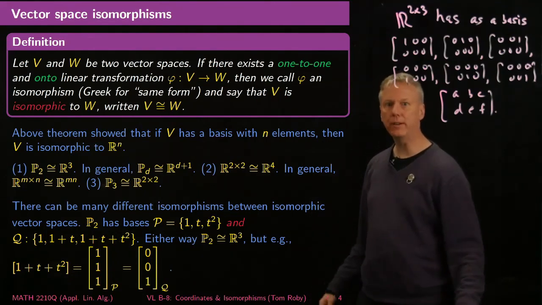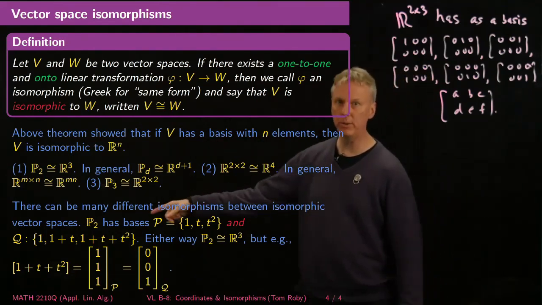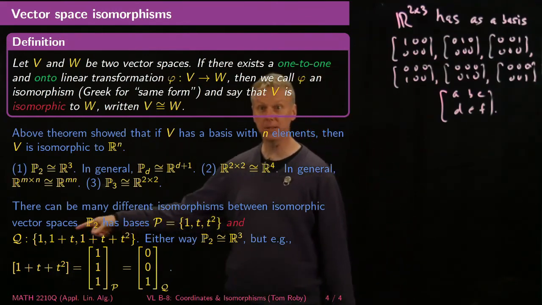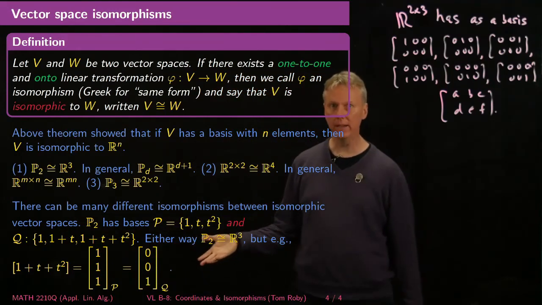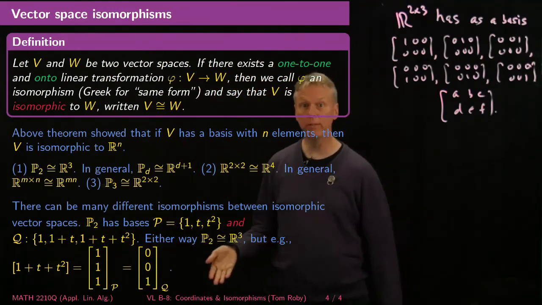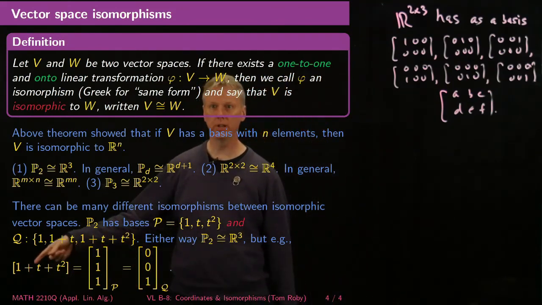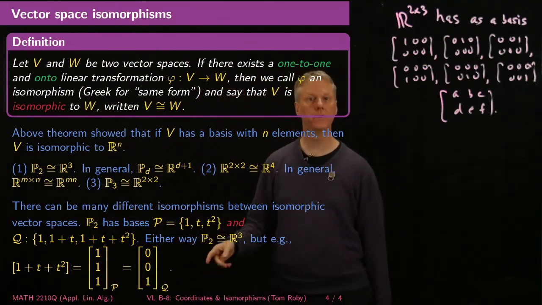And there can be many different isomorphisms between isomorphic vector spaces. So as we saw, P2 has the basis 1, t, t squared, and it has the basis 1, 1 plus t, 1 plus t plus t squared. And either way, P2 is isomorphic to R3. But for example, if I write something in P coordinates, like 1 plus t squared, in P coordinates that's 1, 1, 1, but in Q coordinates it's just 0, 0, 1.